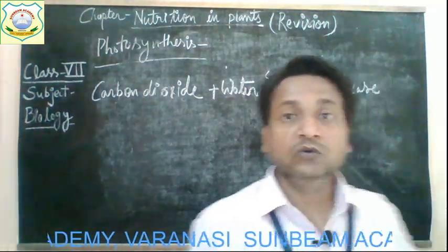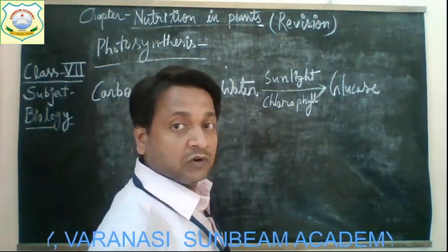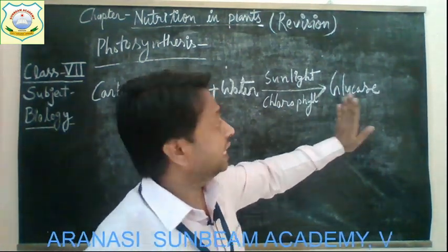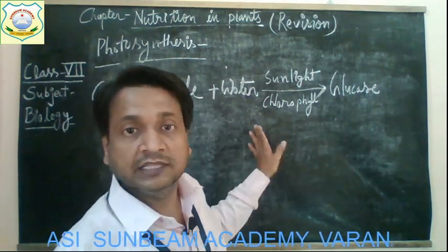Okay, children? So glucose is the food which is synthesized in plant by the process of photosynthesis, and along with this glucose, oxygen is also produced in this process.